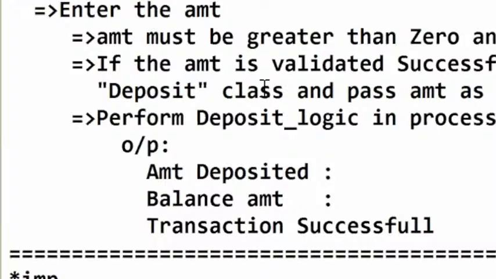No need to cross check whether the amount is less than the balance or not. Perform the deposit logic in the process method. Clear everyone? Right. So display amount deposited, balance amount and transaction successful. All have understood the question?